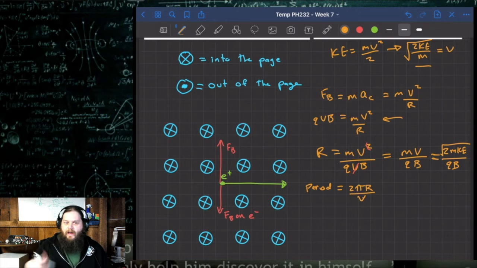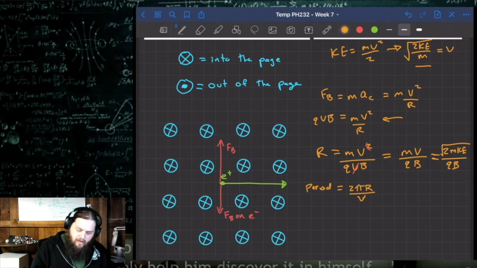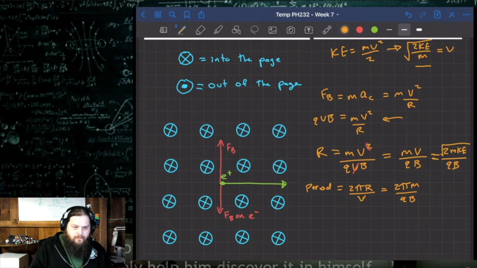It tells you how many times per second it goes around. Substituting in for radius, this radius equation that we have up here, putting that into r there, and then simplifying, the velocities cancel out, and we end up with 2 pi mass divided by qb, which is going to equal our period. We denote that with a big capital T.